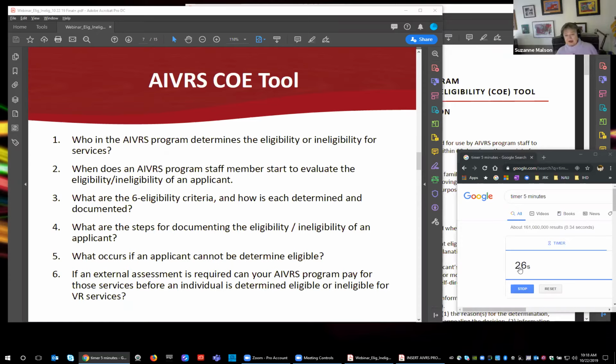It's hard for people to, we're getting answers to one. Number two, at application and within 60 days. So when does the AIVRS program staff member start to evaluate the eligibility, ineligibility of an applicant? At application and within 60 days, right?